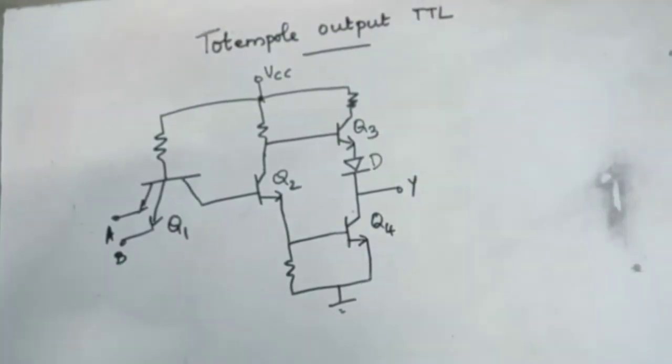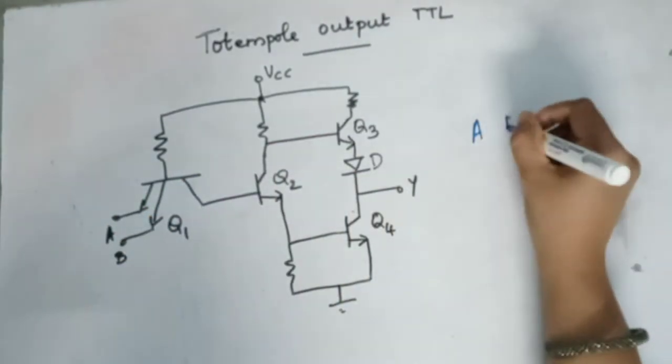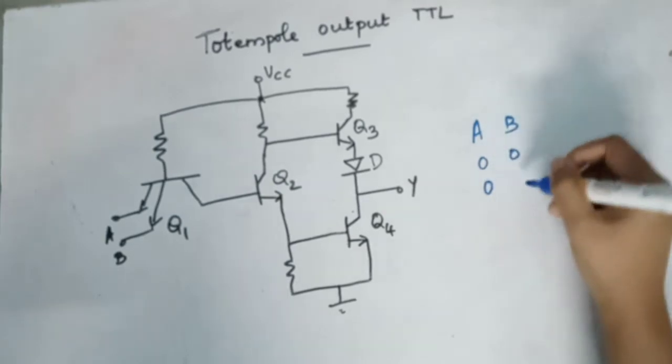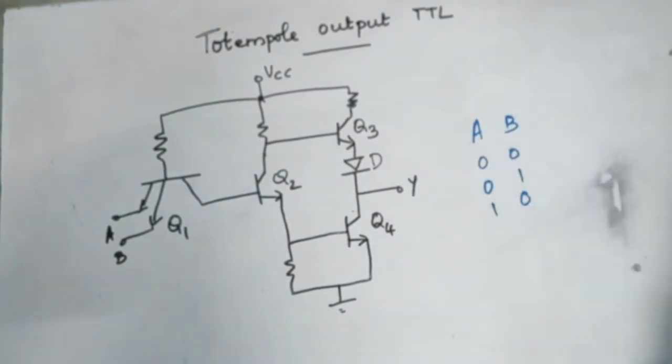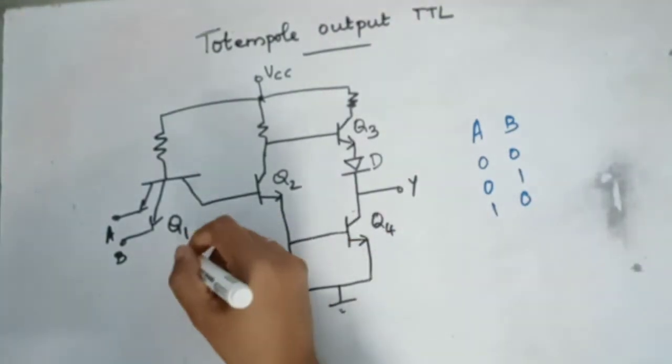So coming to the working of this totem pole output, let's see. So what did we say? If at least one of the inputs A, B is 0, in these three cases, Q1 is what?